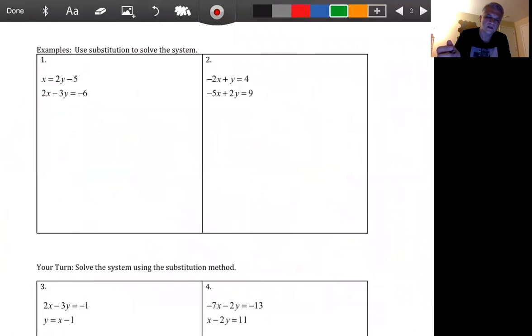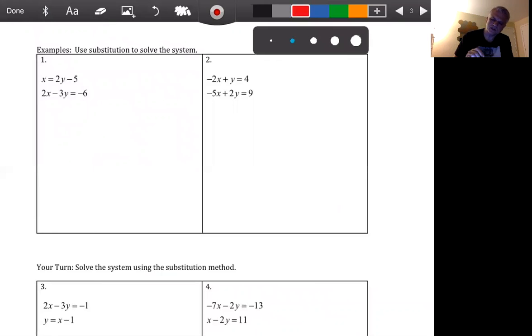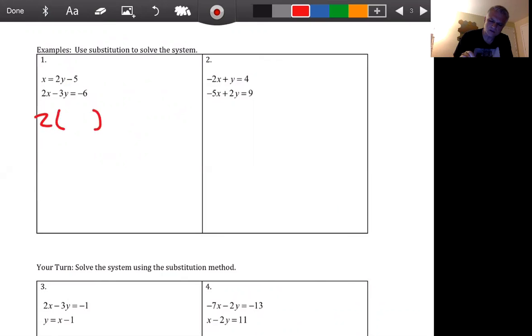Okay. And our last page. Using substitution again, take a look at this. This particular equation has x isolated. x is all by itself. So I'm going to substitute into the second equation. I'm going to rewrite the second equation, but I'm not going to write x.